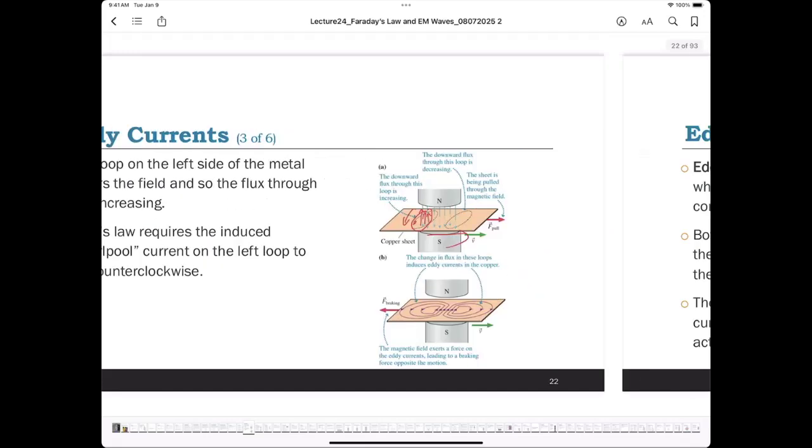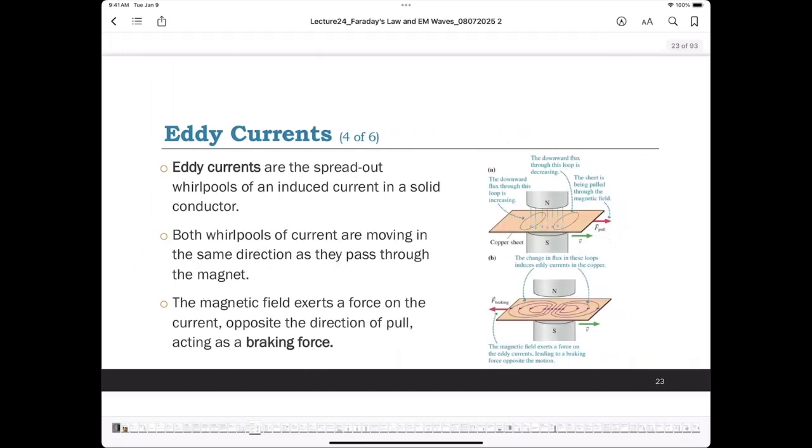Eddy currents are spread out whirlpools of induced current in a solid conductor. Both whirlpools of current are moving in the same direction as they pass through the magnet. The magnetic field exerts a force on the current opposite the direction of pull, acting as a braking force.